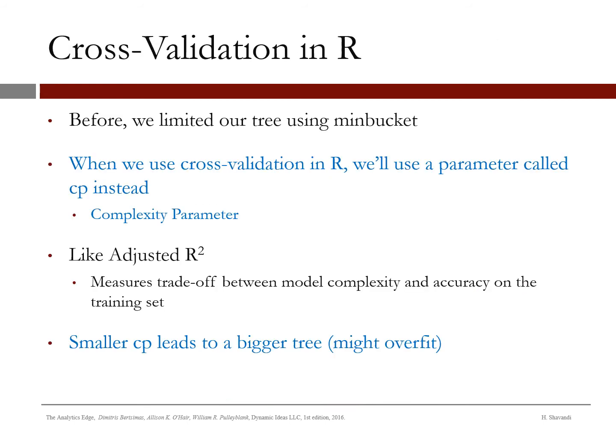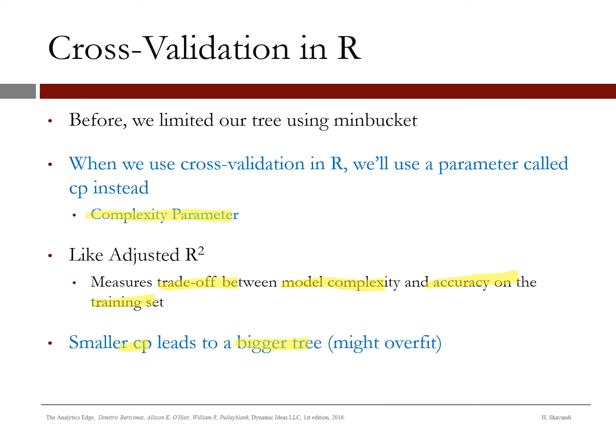So let's see how cross-validation works in R. In R, we can have the CP measure. CP is the complexity parameter, and it's a measure for the trade-off between the model complexity and the accuracy on the training set. The smaller CP leads to a bigger tree.